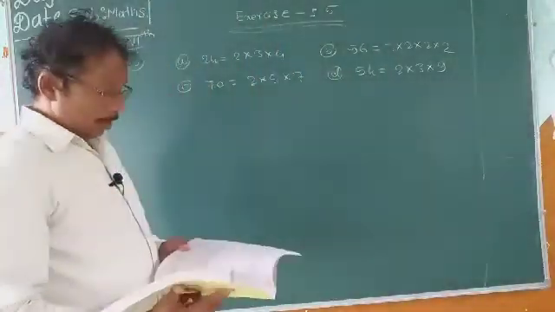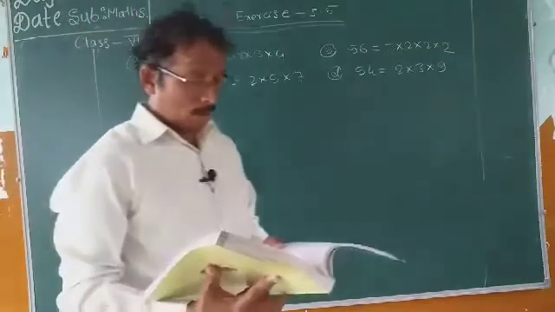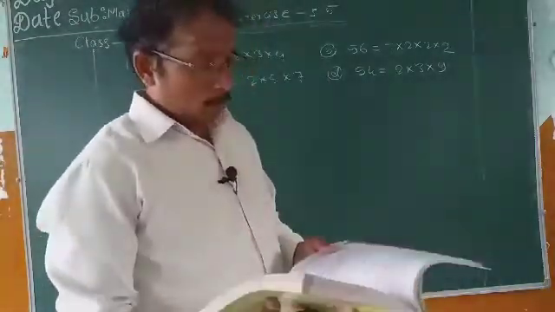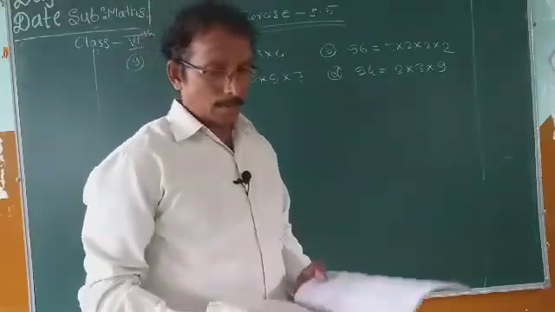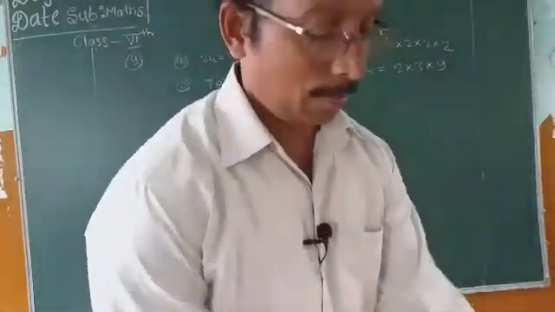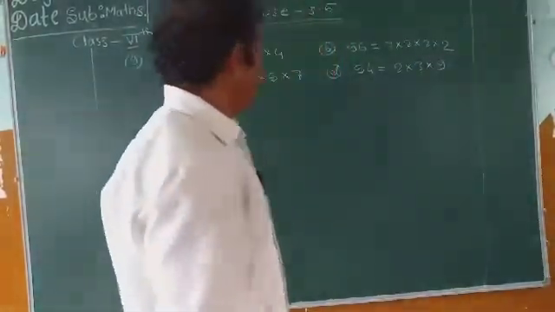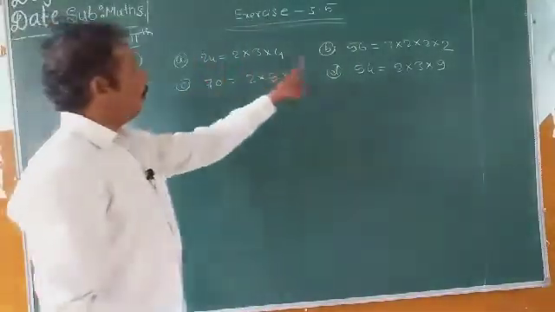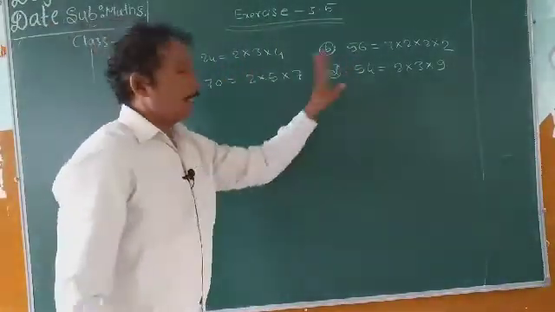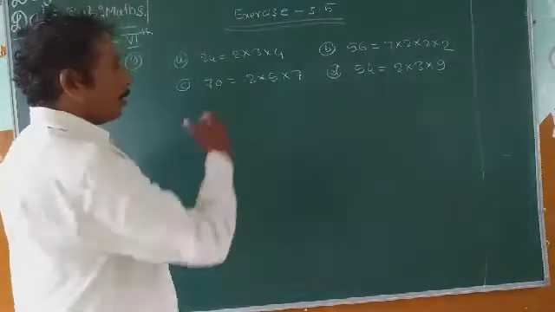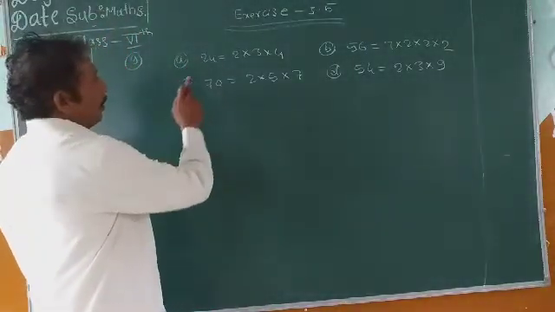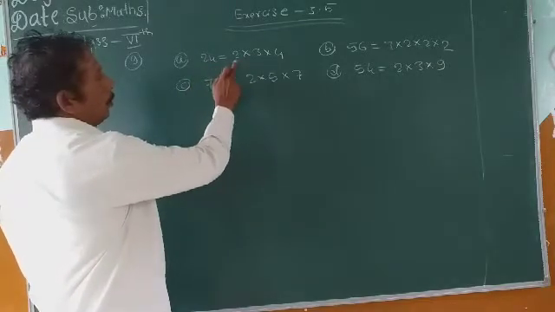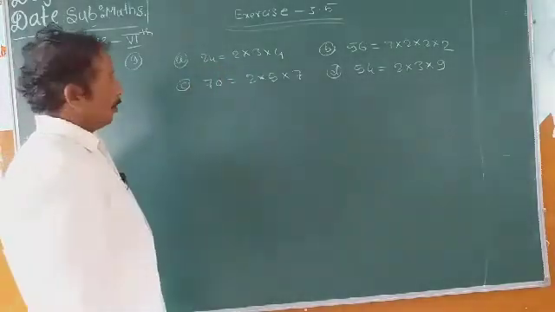In these 4 questions, in which of the following expressions has prime factorization been done? Students, you are given the factorization of 24, 56, 70 and 54. Check one by one carefully. In question A, 24 is equal to 2 into 3 into 4.